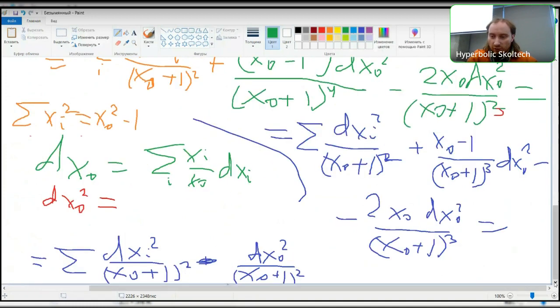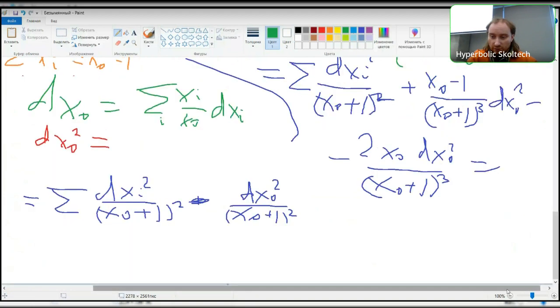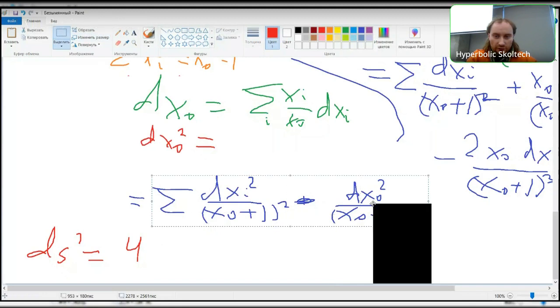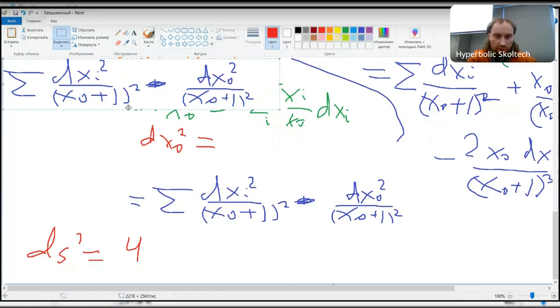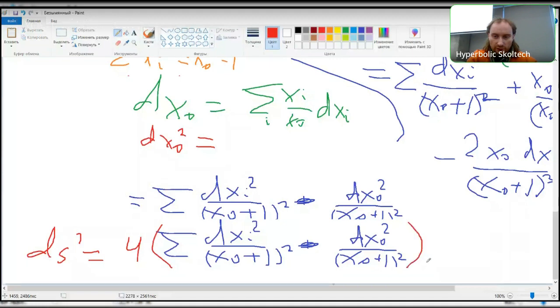So our metric is something like 4 times this expression divided by 1 minus sum of yi squared.